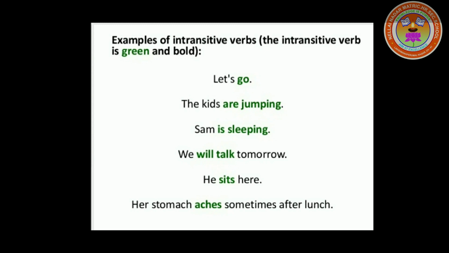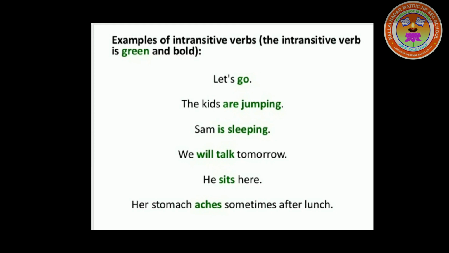He sits here. Her stomach aches sometimes after lunch. In all of these, you can see the sentence is completed without a direct object. So in sentences of this type, the verbs are intransitive verbs.